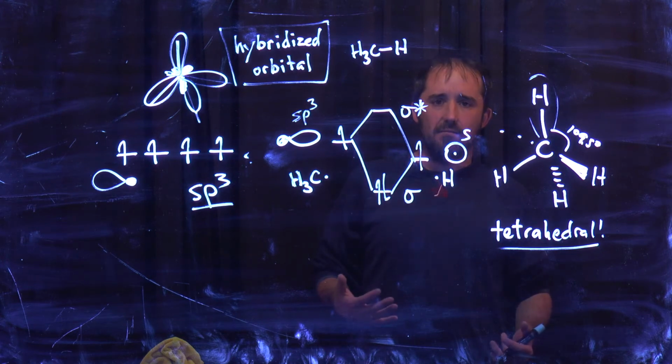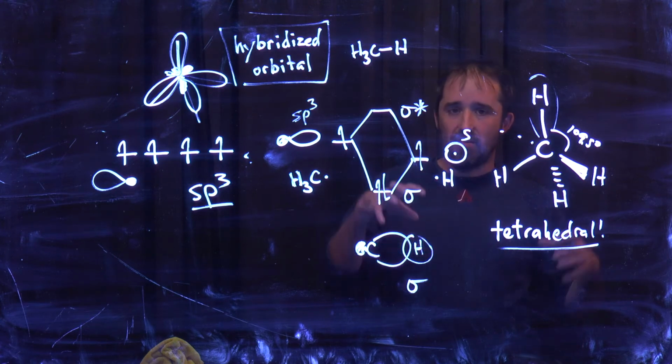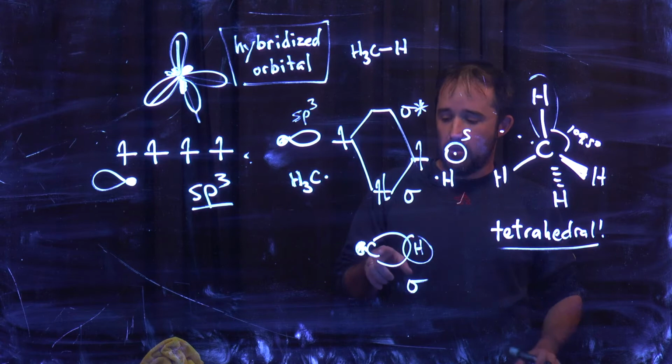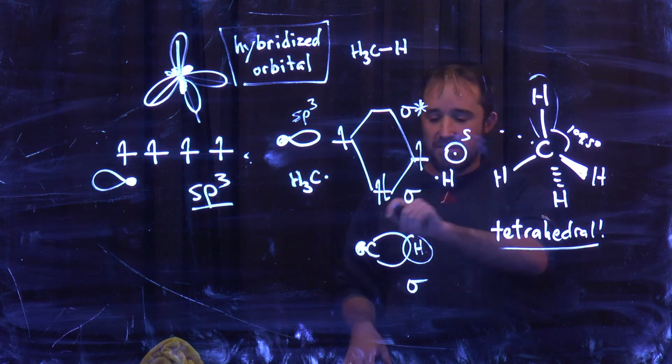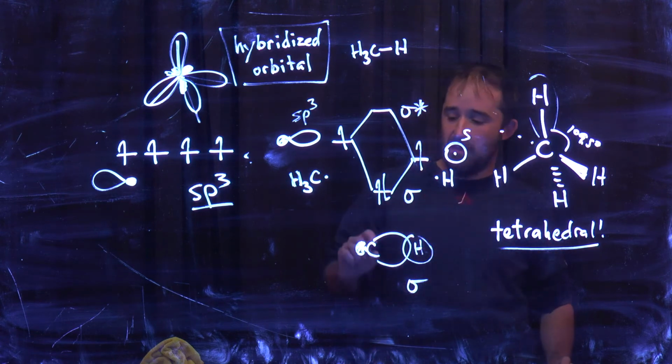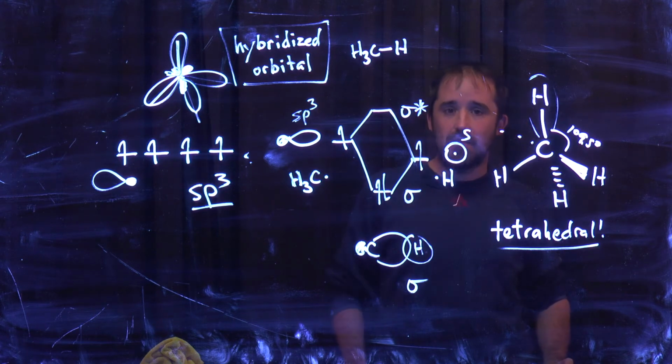What do they look like? My sigma orbital more or less, again, looks like the orbitals are mixing together very well. So here, the big lobe of my carbon is pointing over my hydrogen. They're kind of all fused together. It's really just a big blob of electrons here with a little bit of a back lobe of that carbon. So that's what a sigma orbital looks like with this sp3 orbital.